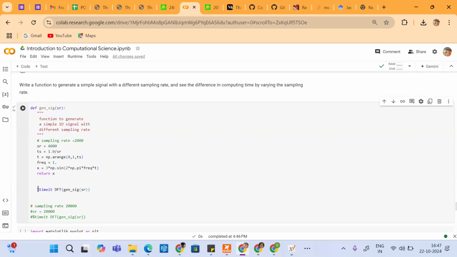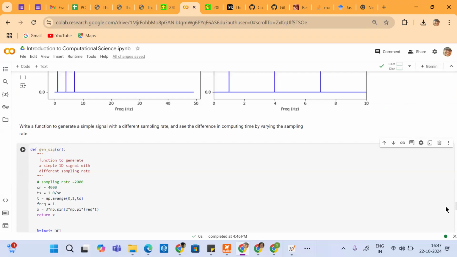This one? You want this to be on the next line? Like this? We have to actually see how the DFT function looks, right?